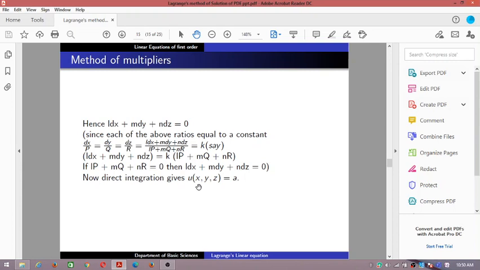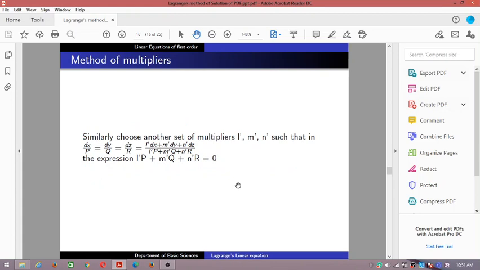Here, make sure that L is either a constant or purely a function of x, M is either a constant or purely a function of y, and N is either a constant or purely a function of z. Then only we will be able to integrate this expression directly, and we will get a solution u of x, y, z equal to a constant.